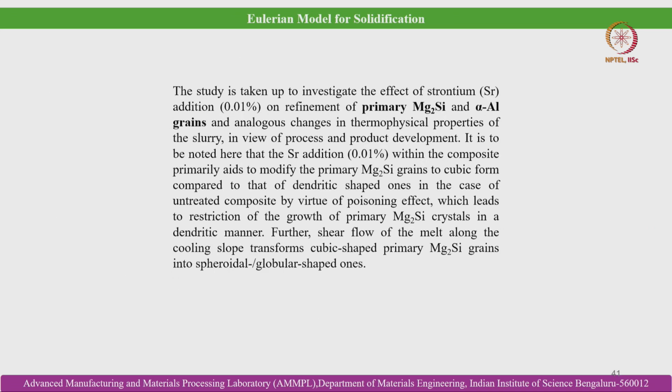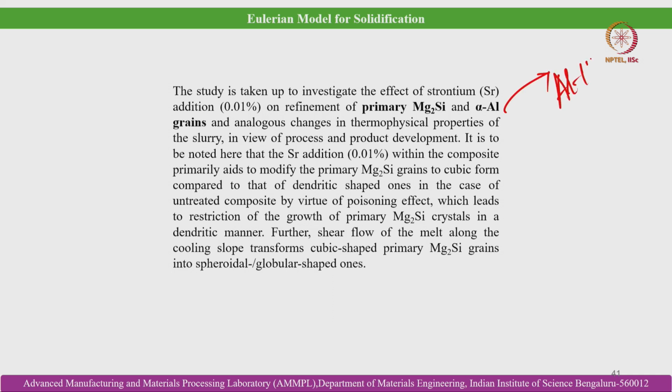This is the problem that was solved in our research group, and it is also published. The study investigates the effect of minor additions of strontium, in the tune of 0.01%, to refine the microstructure of magnesium silicide, which is a primary phase in the composite that we developed.